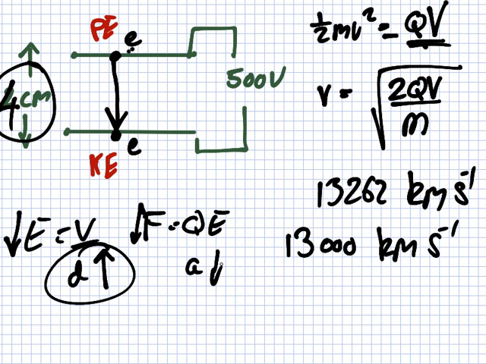Wait, can we find the acceleration by equating mgh to QE? Why not? Because at the very beginning I said no gravity for this. No, but then you said A is equal to G, so what if we replace G?